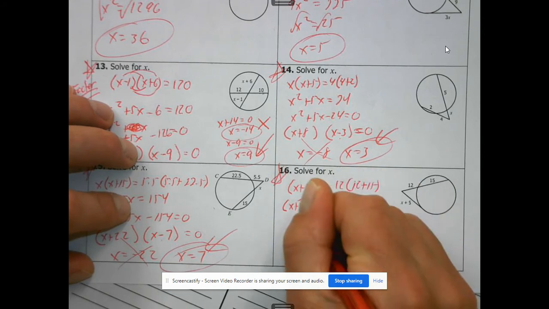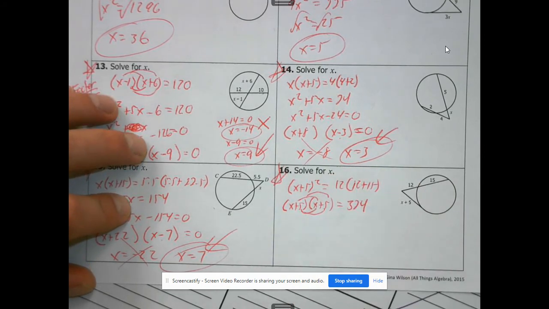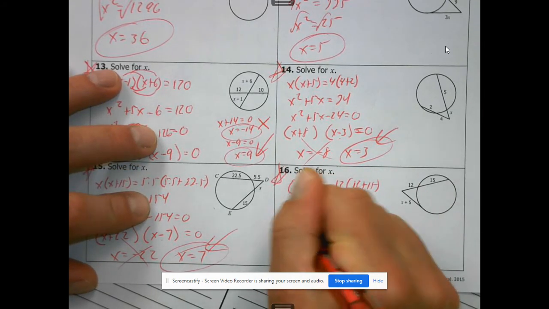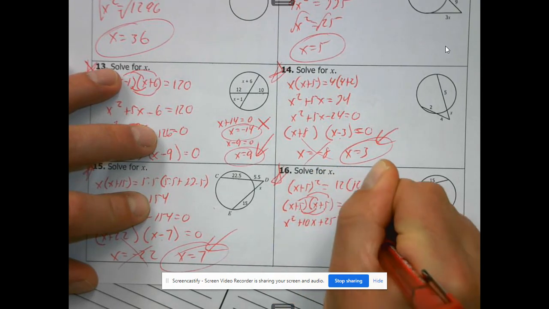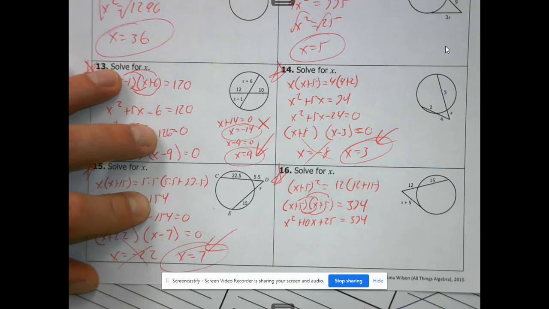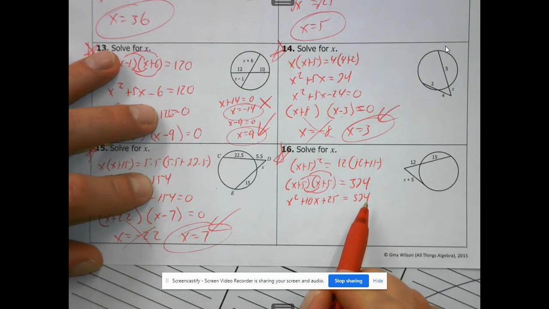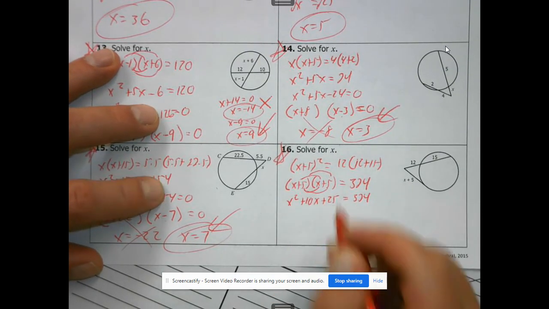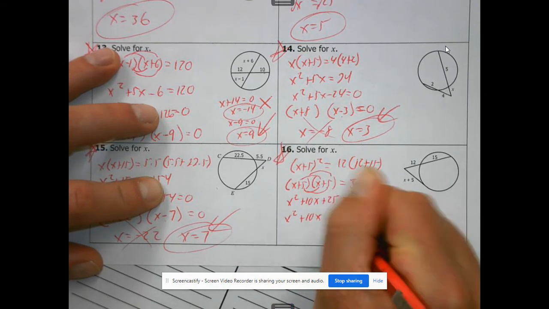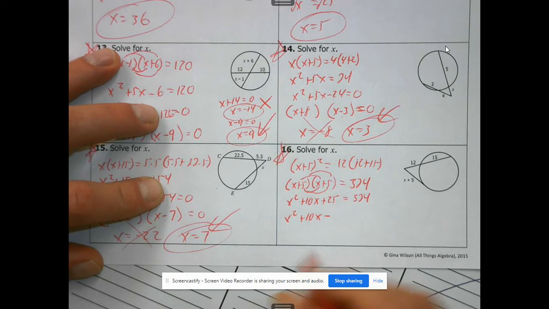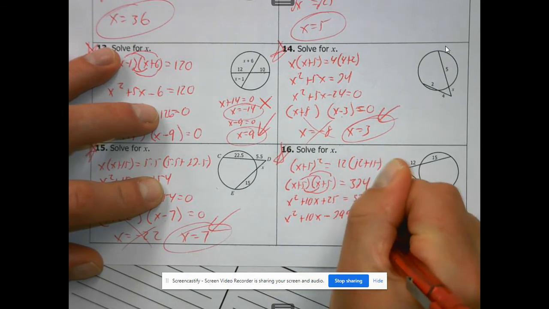First, outer, inner, last, FOIL method, right? X squared plus 10x plus 25 equals 324. Subtract the 324 over. X squared plus 10x minus 299 equals 0.